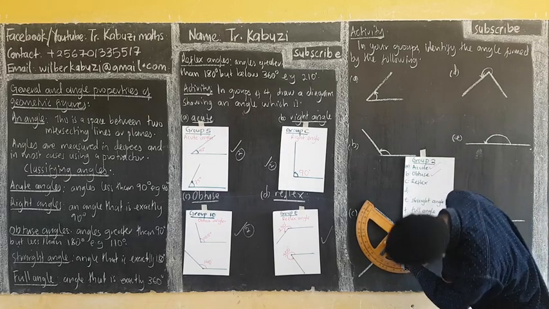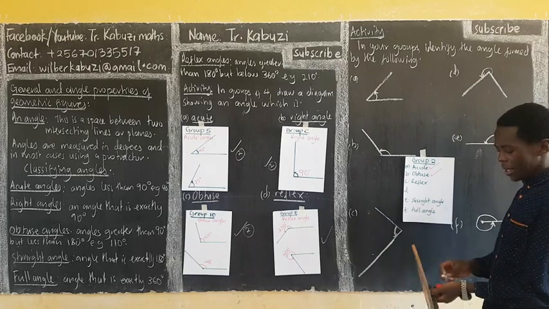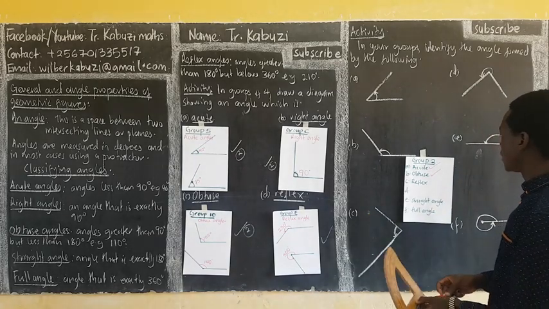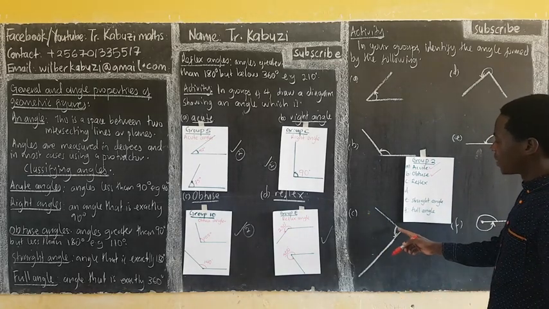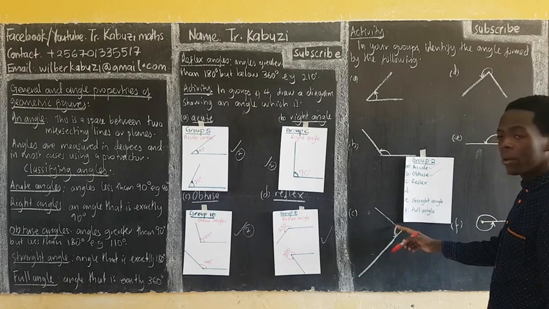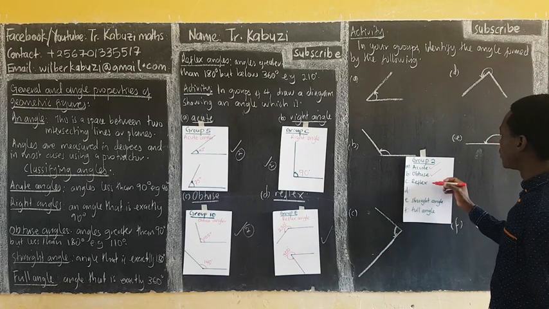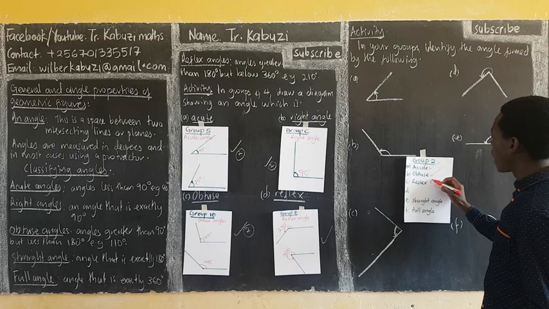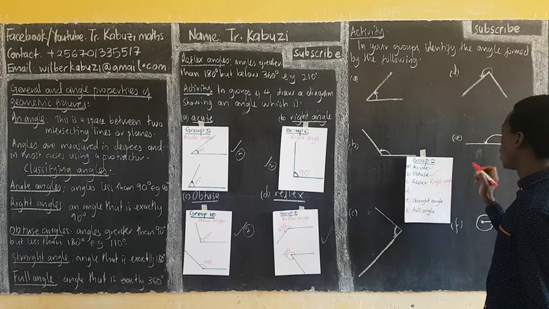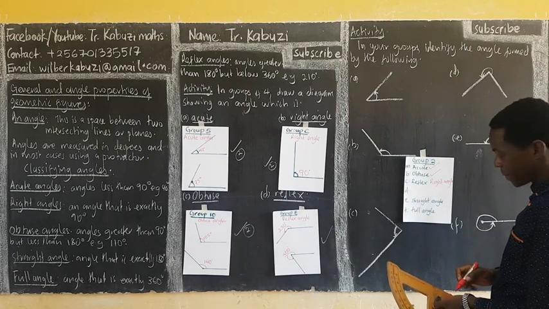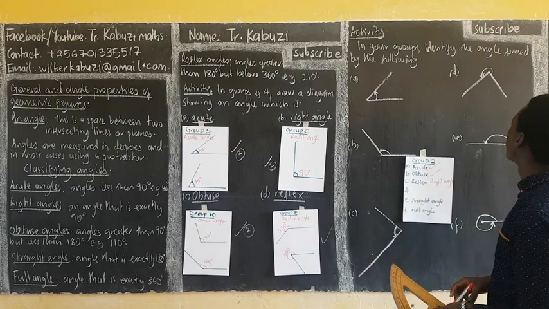When we measure, it's 90 degrees. So this one, we correct. You always have to be careful with that, where the angle is starting. So that's from here up to here. So this one is a right angle, not reflex.